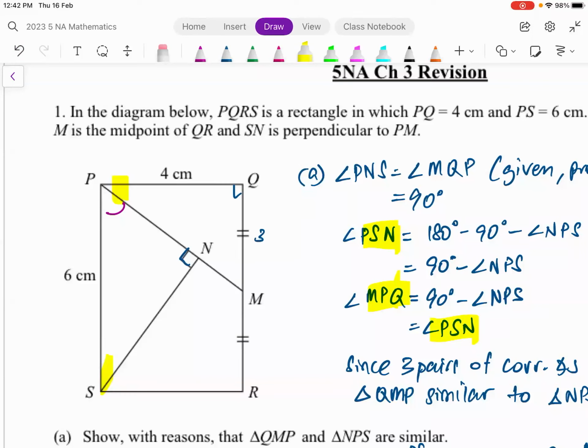Okay, so whatever the red one is, it doesn't matter, these two yellow will be the same. So now I've proven that 2 pairs of corresponding angles are the same. If 2 pairs of corresponding angles are the same, the third pair must be the same because angles are on a triangle. So only for this similarity test, 3 pairs of corresponding angles being the same, I only need to show 2 pieces of evidence. Everything else I need to show 3.